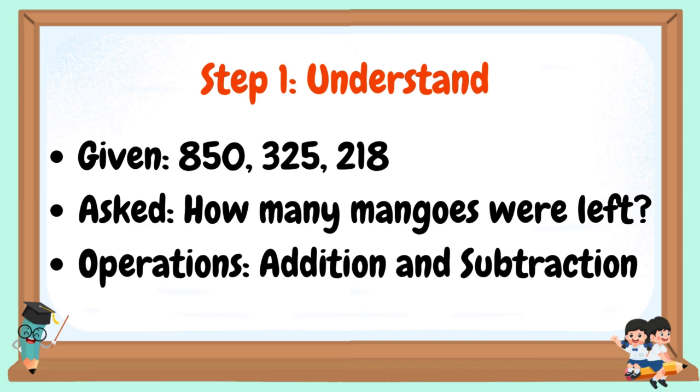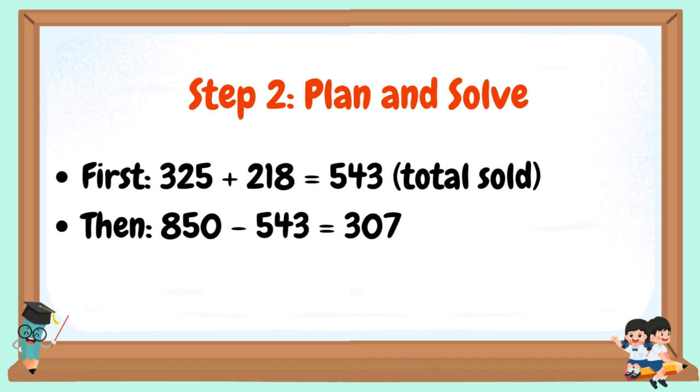Operations, addition and subtraction. Step 2. Plan and solve. First, add 325 and 218. Total sold is 543. Then subtract 543 from 850.